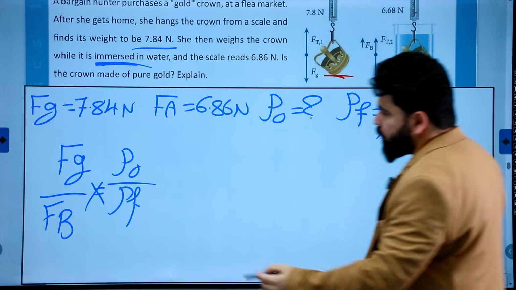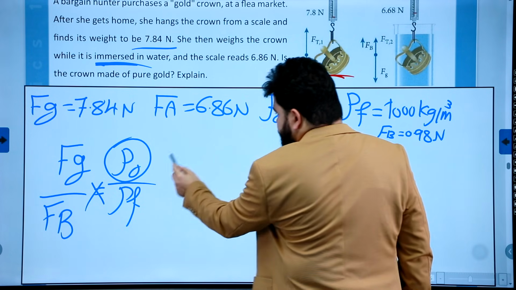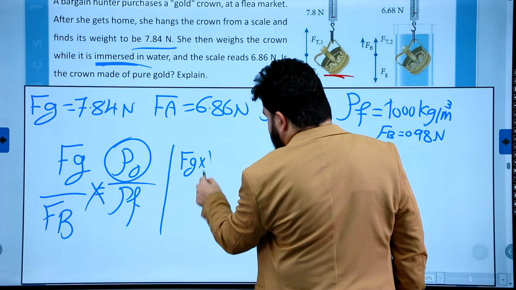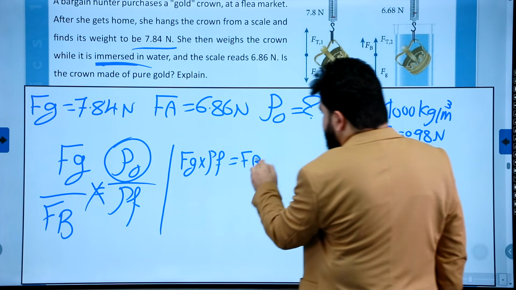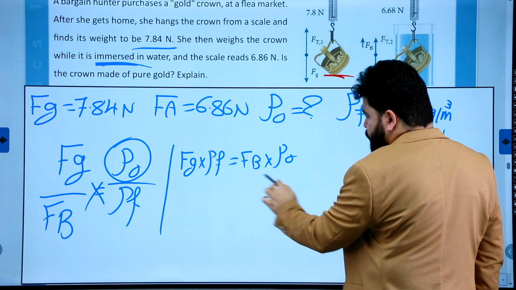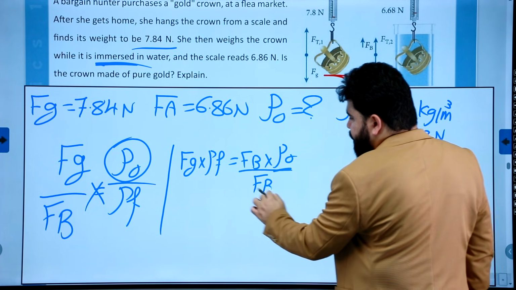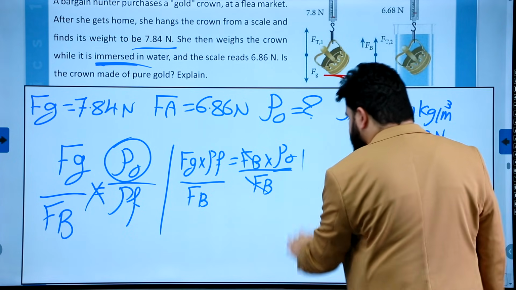Okay. Now, I need this one. Cross multiply. Fg multiplied by density of the fluid is equal to what? Fb multiplied by density of the object. So you need to divide this side by Fb and divide this side too by Fb. Fb cancels.